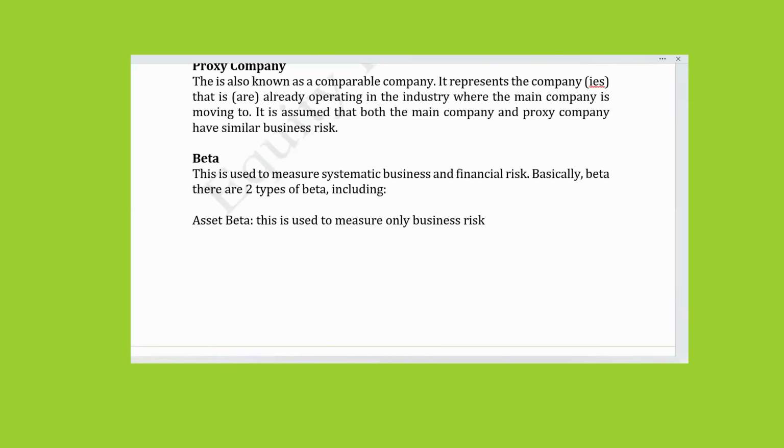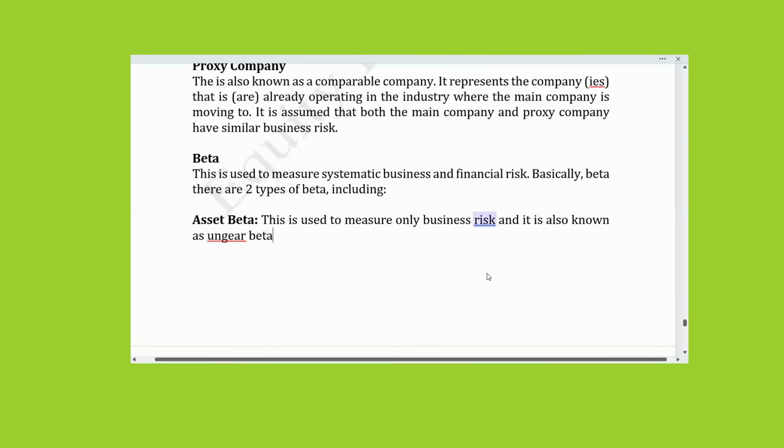Okay, business risk is used to measure the risk associated with the industry where a company operates. So to measure that business risk, you are supposed to calculate asset beta. So it is asset beta that you are going to use to measure the business risk. It is also known as ungeared beta. Okay, ungeared beta. All right.